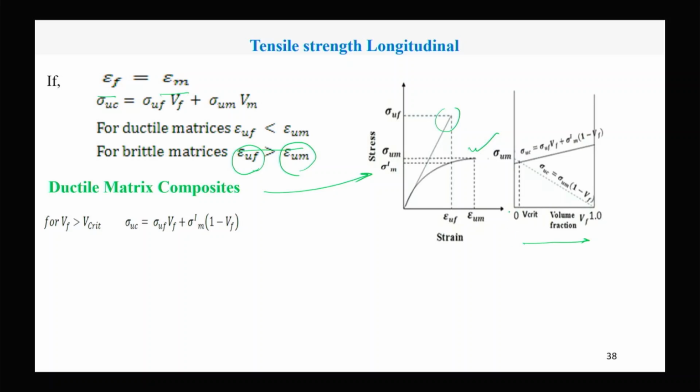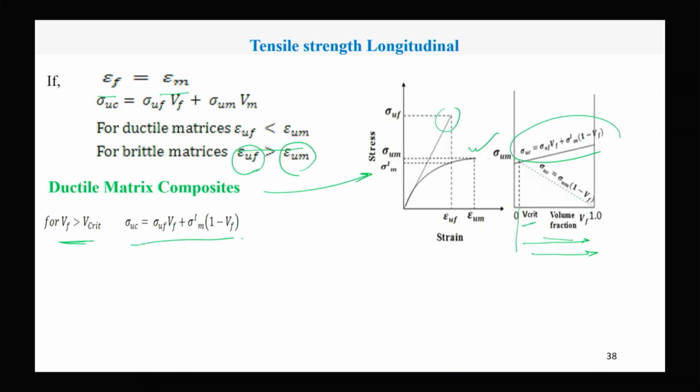For fiber volume fraction more than the critical volume fraction, V crit, we follow this relationship.